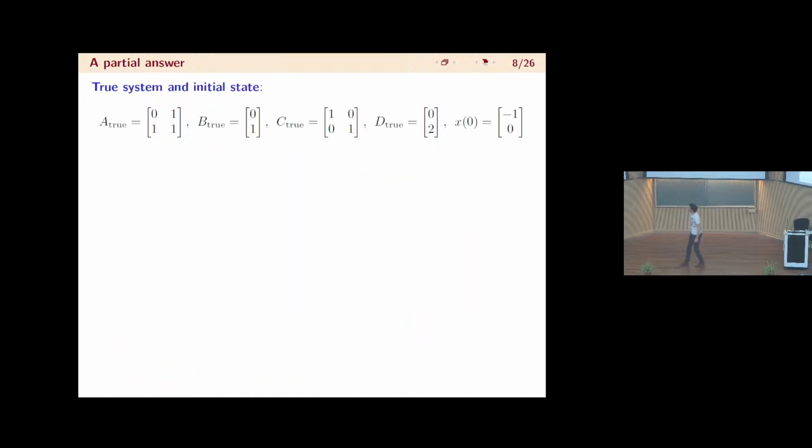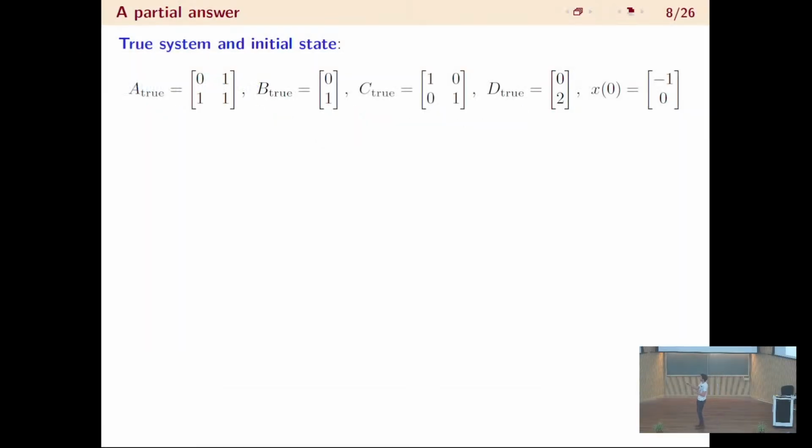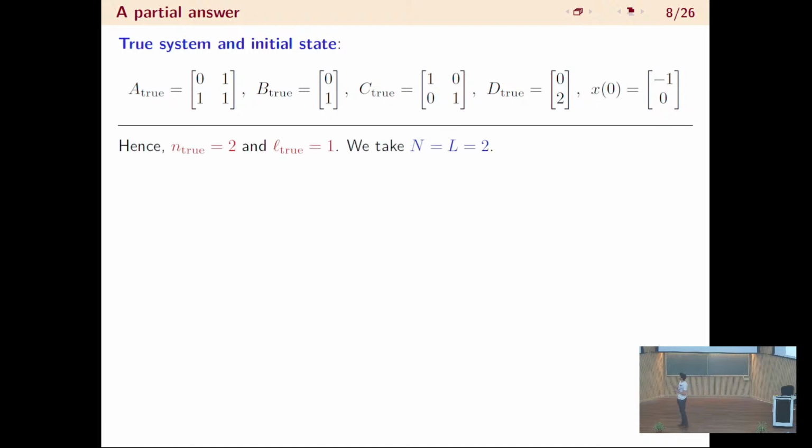Let's do that. I have this simple example of a two-dimensional system. Let's take these matrices. I take A true to be the one over here, so 0, 1, 1, 1. This is B true. C true is the matrix over here, and D true is 0, 2. Let's also consider some initial state, x0, like that. In this case, n true is 2, right? We have two states.